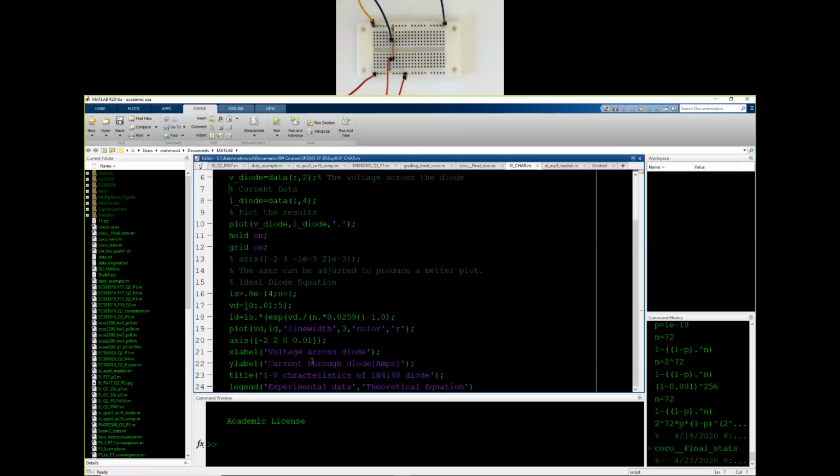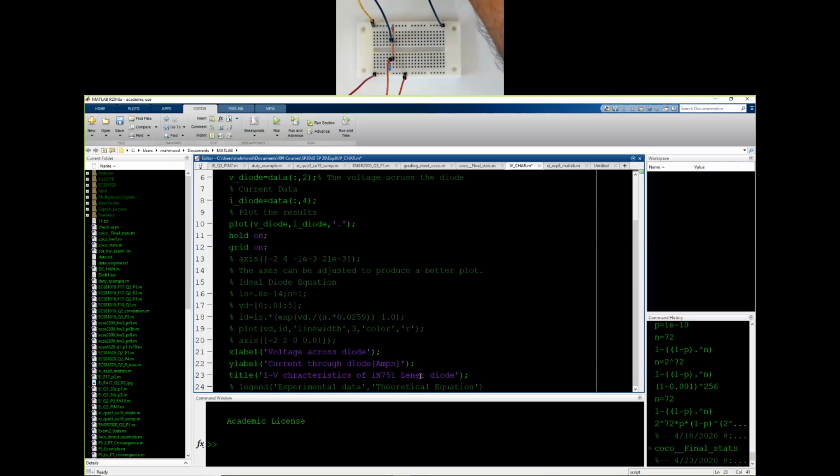So we are not going to be able to do a curve fitting on that. So I don't need this, and in fact even this. I don't have a legend. My title will now be for 1N751 Zener diode. Let's see, current through the diode.